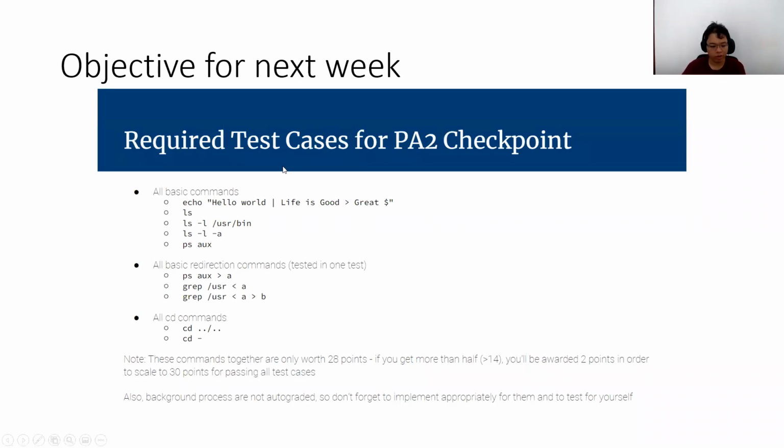Again, this is from the previous semester, but you can see that for the first week, you will have to complete all this. But there's no first week here, so you can do whatever you want. You can see that all the basic commands can be done with just parsing.